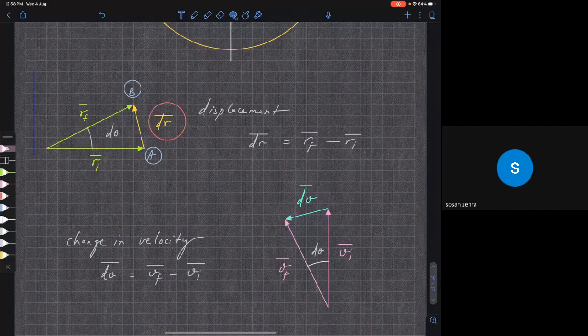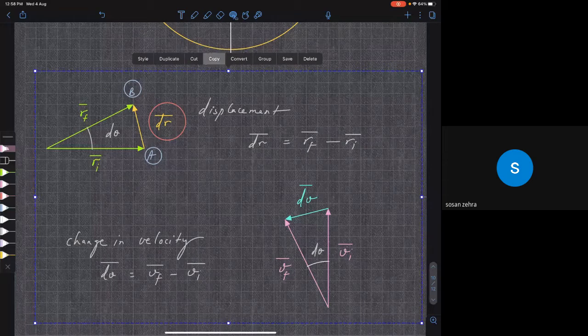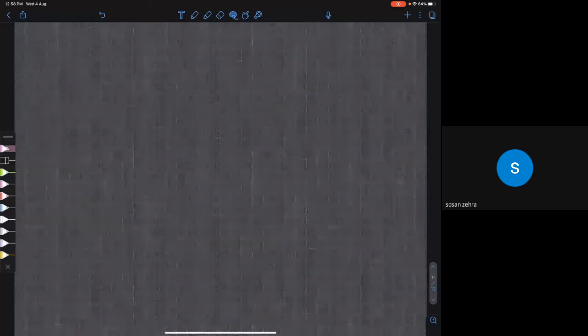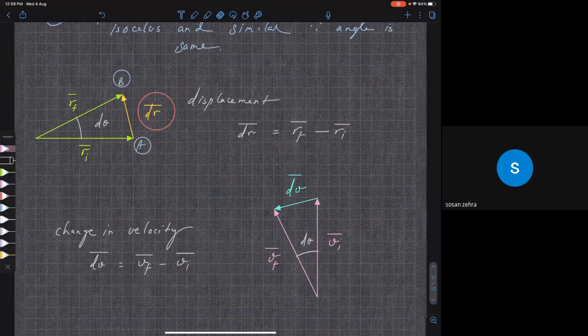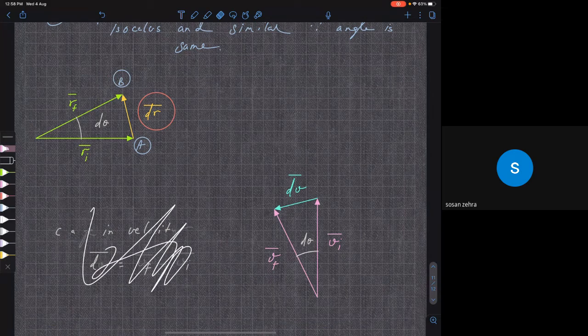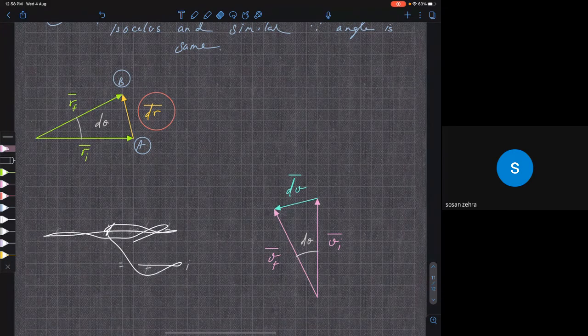So I'm redrawing these two triangles just for understanding. Let me remove all this.